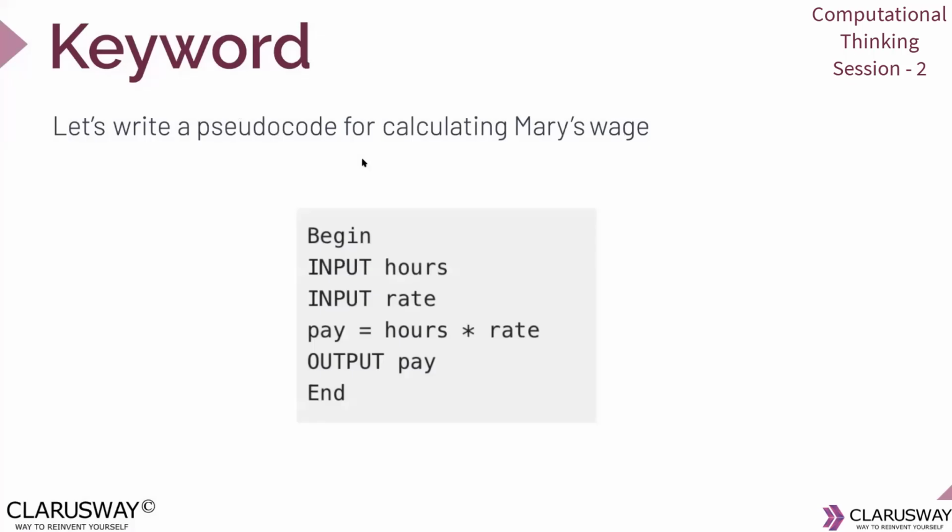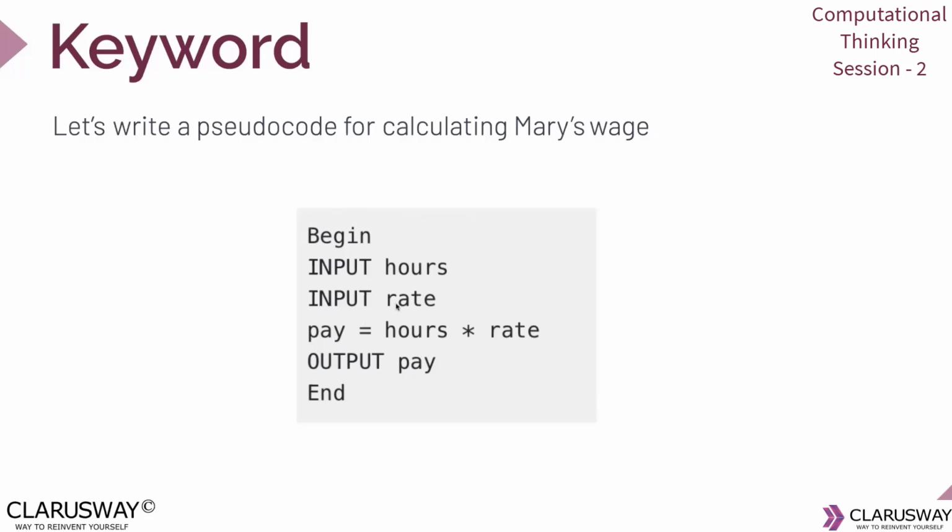But when it's more computer related, when the algorithm is more mathematical and logical, you will need those inputs. For example, in here we have a kind of mathematical problem, and we will be writing the pseudocode for this right here. We will be calculating Mary's wage.